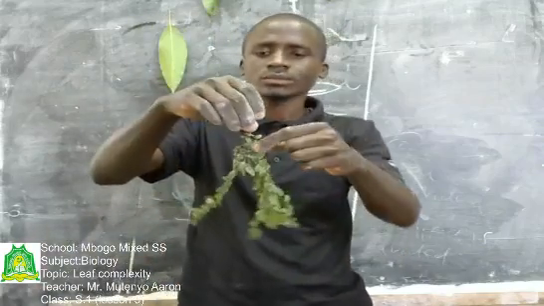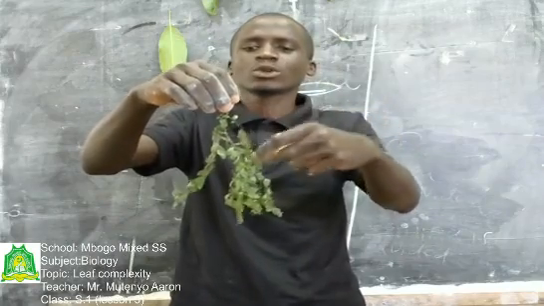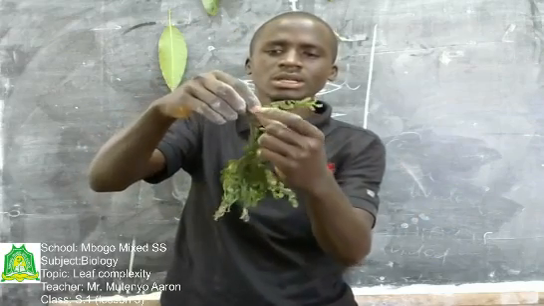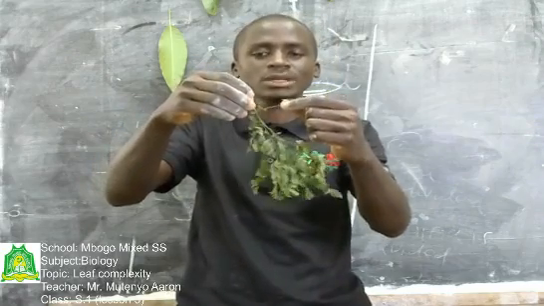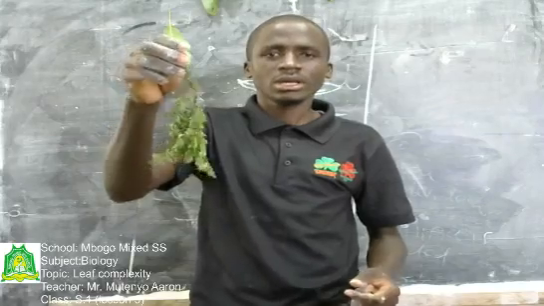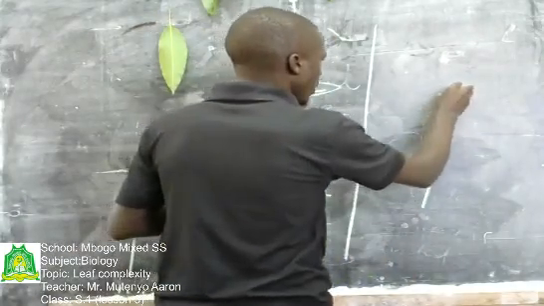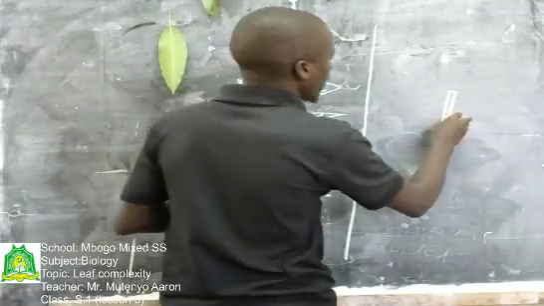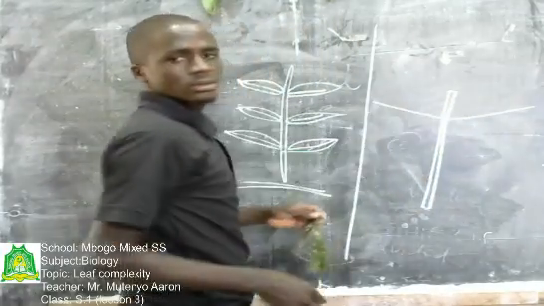Right. So this is a leaflet alone. Now a leaflet has also been divided into further leaflets. You can see these ones. These ones are smaller leaflets, but this alone is a leaflet. A leaf lamina like this has been divided into leaflets like that.